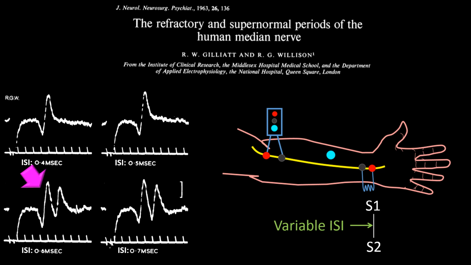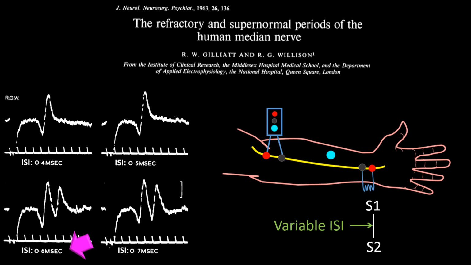In this new frame, the arrow points to the wave produced by the first supramaximal stimulation, and now to the wave recorded after the second supramaximal stimulation. Thus, the absolute refractory period was 0.6 milliseconds in this patient.